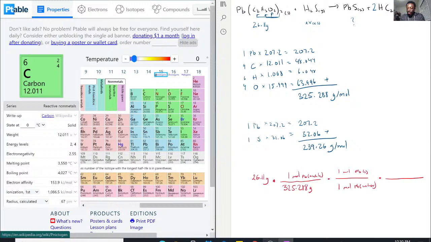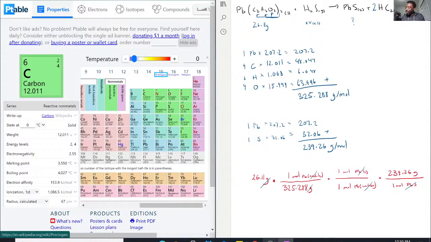And then as a last conversion, for every 1 mole of lead sulfide, we have 239.26 grams. And if we cancel our units, we end up with the right grams.